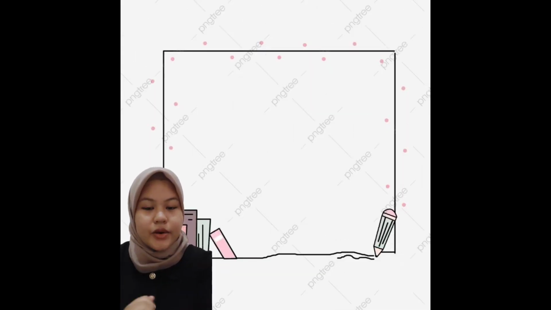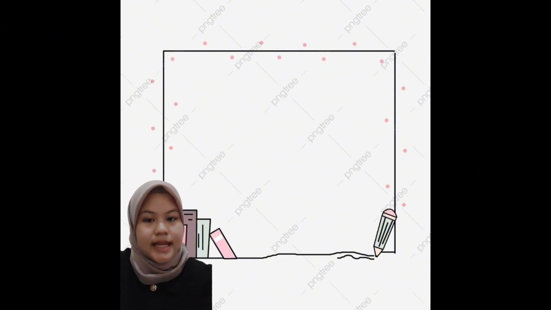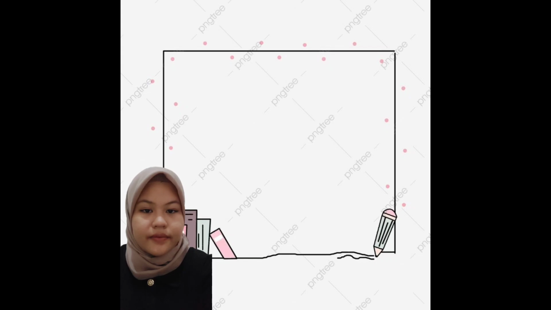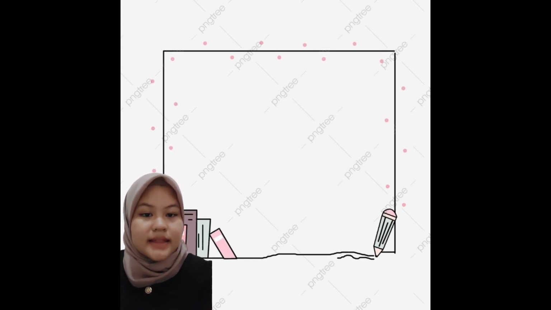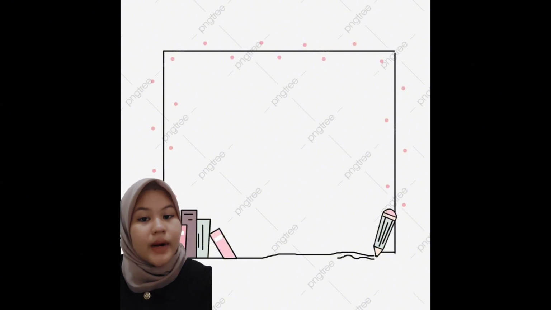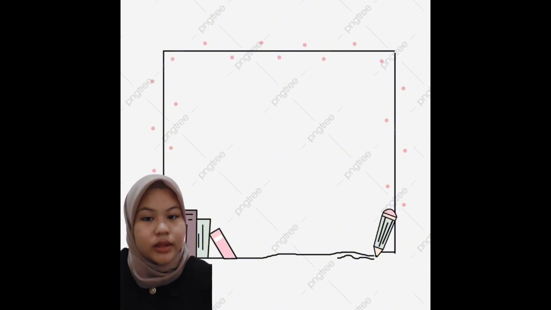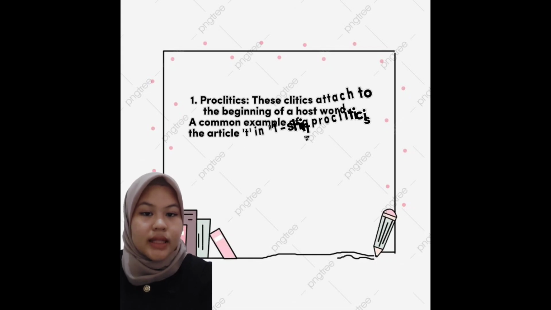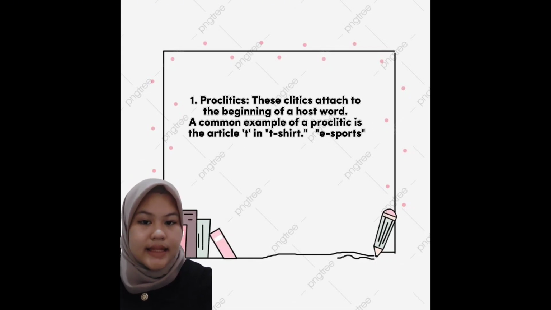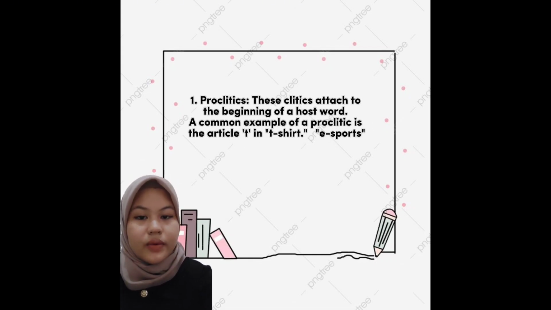Okay, let's go into the variation categories of clitics. Clitics are not limited to a single form or type. Instead, they encompass several categories, contributing to written and spoken language in different ways. They include, first, proclitics. These are clitics attached to the beginning of a host word.